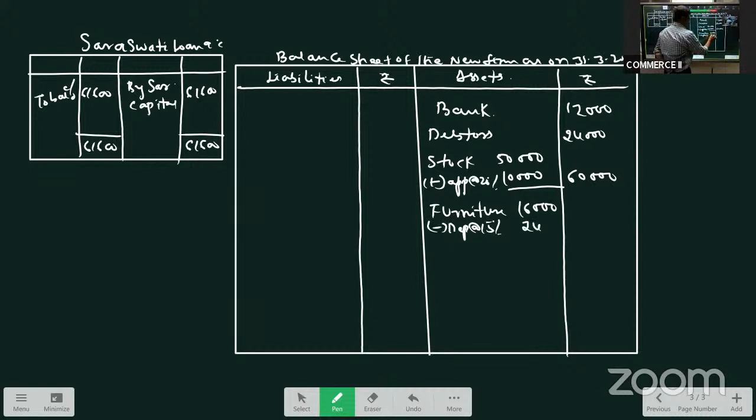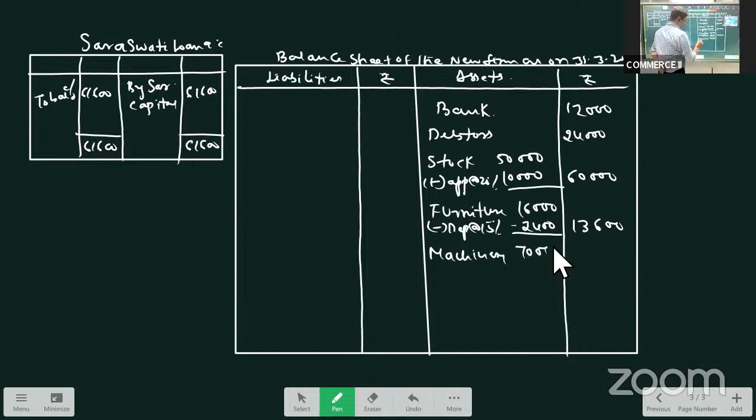The amount is 2,400. Deduct it. 13,600. Then machinery is 70,000 and that is also depreciated by 10%, 7,000. So we have 63,000 in the machinery account.